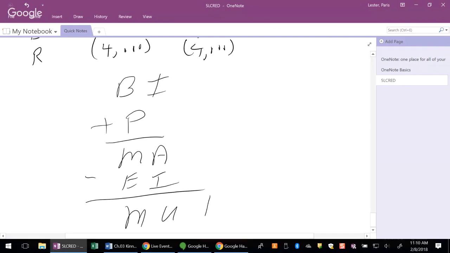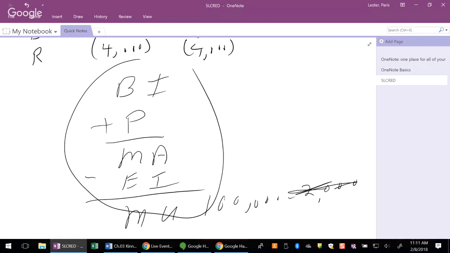Now, if this were 100,000 and indirect materials were 2,000, I would subtract, but I didn't put that on the test. So you don't have to worry about taking out indirect materials. You go through this format here, you've got your materials. So now you're going to put materials on the manufacturer statement, and you're going to put labor and you're going to put overhead, right?